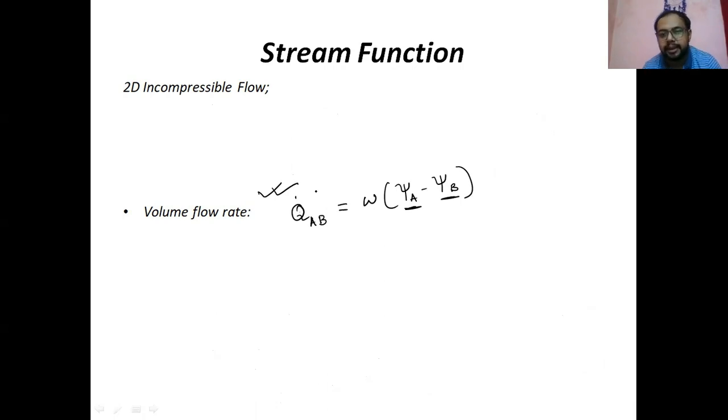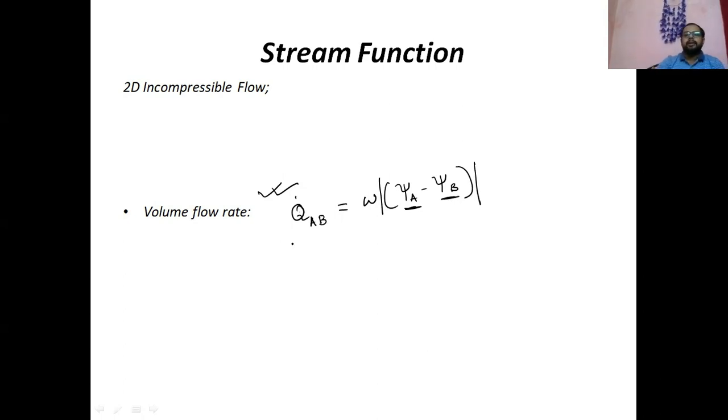The physical significance: the A point and B point should be in different streamlines. If they are on the same streamline, volumetric flow rate becomes 0. It's better to write the mod value because the flow rate value should be positive.